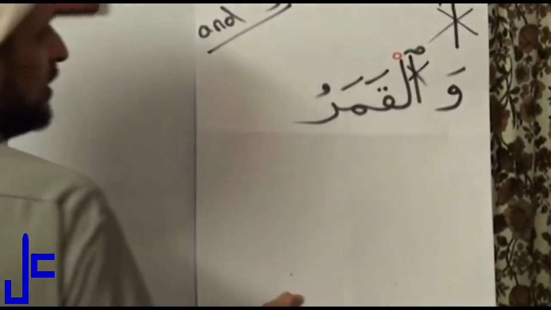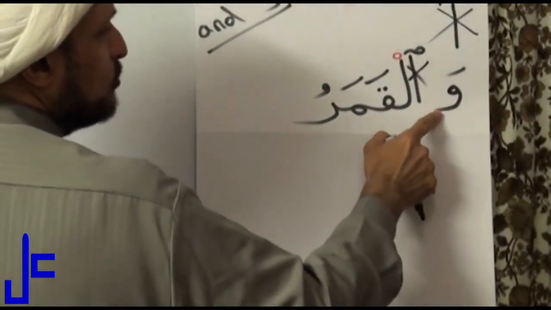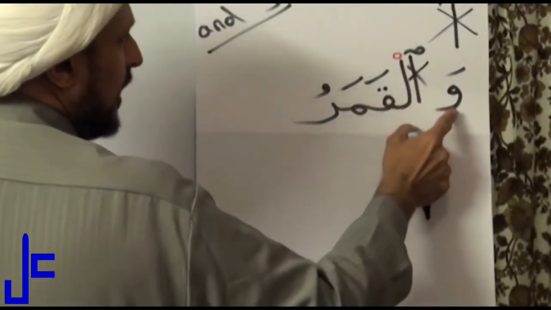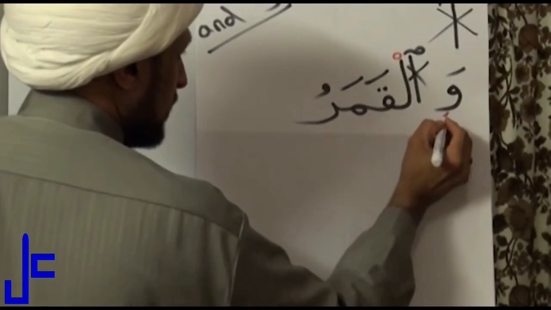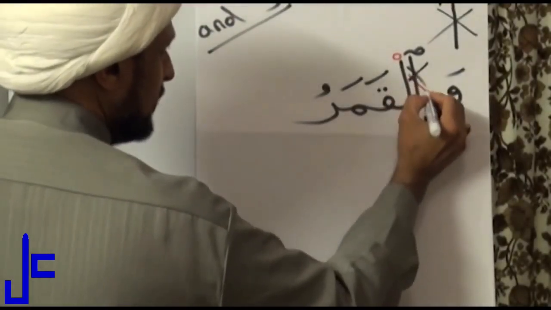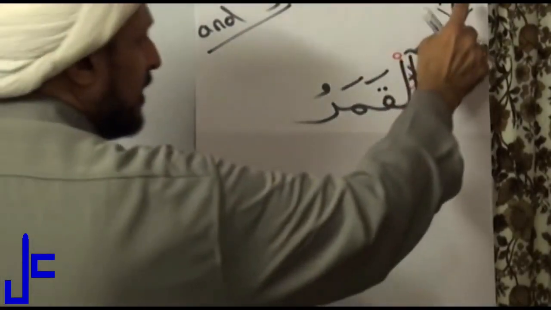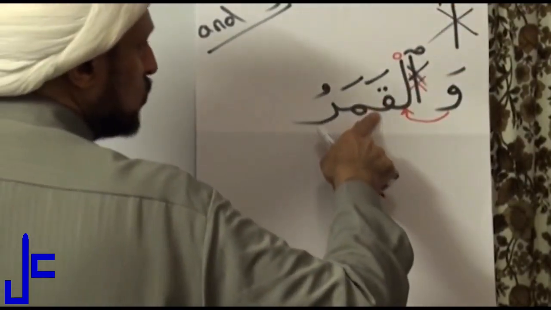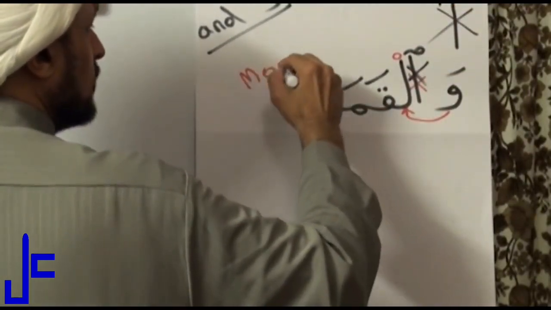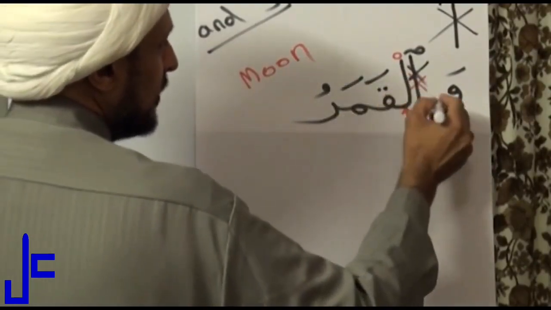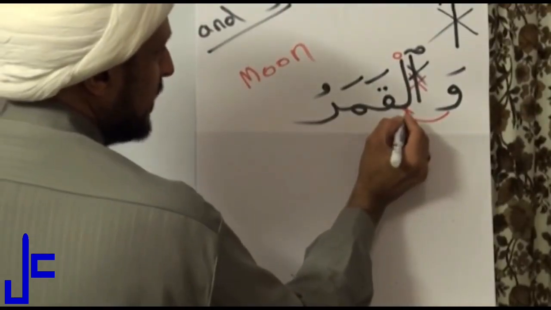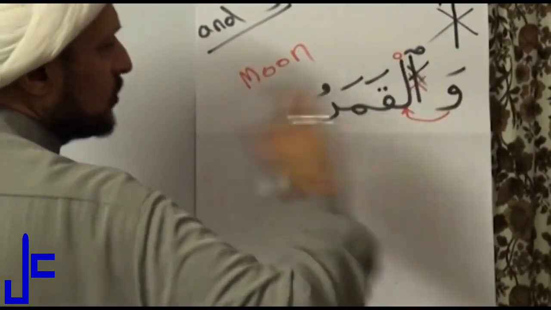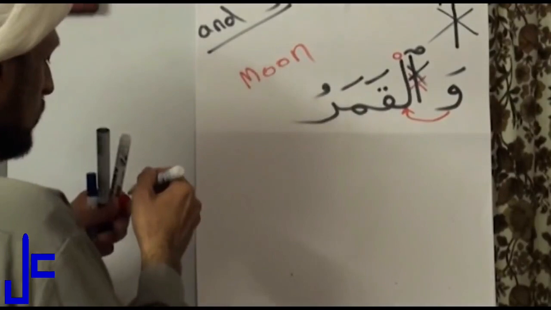I don't say wa al qamar, I say wal qamar. This alif is gone. So whenever you have this alif and a moon letter, then the waw or anything before will be connected with the lam. You will not pronounce the alif anymore.